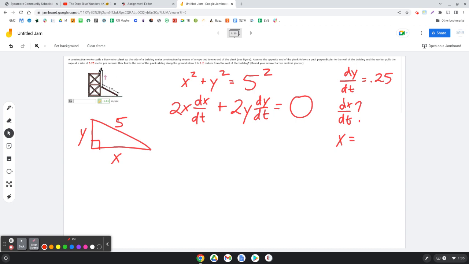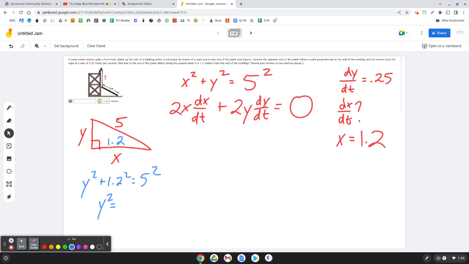And we're trying to find dx/dt when x equals 1.2. Well, if x equals 1.2, we could find y, correct? Y squared plus 1.2 squared equals 5 squared. Is this 3, 4, 5? I don't think so.